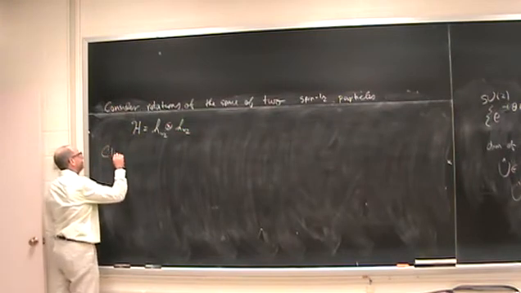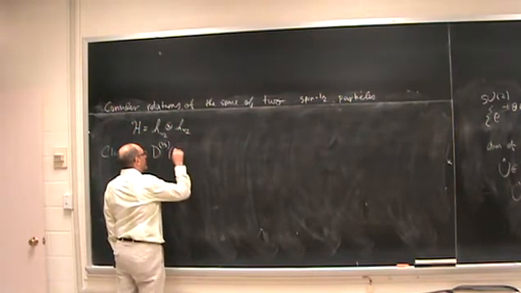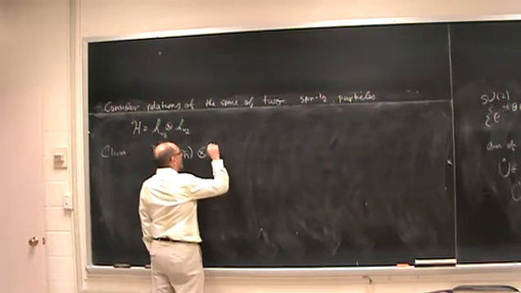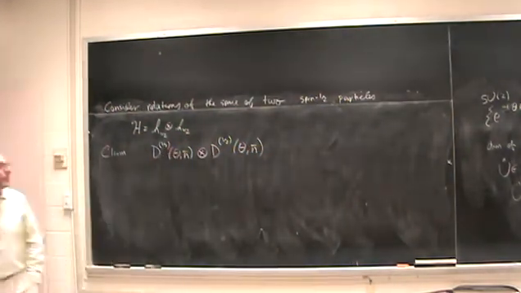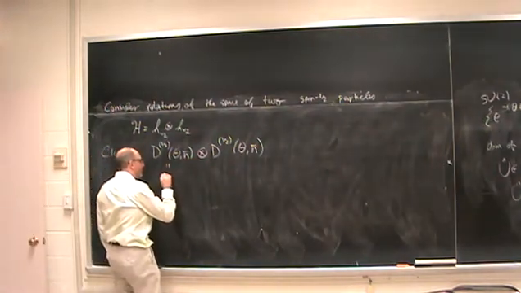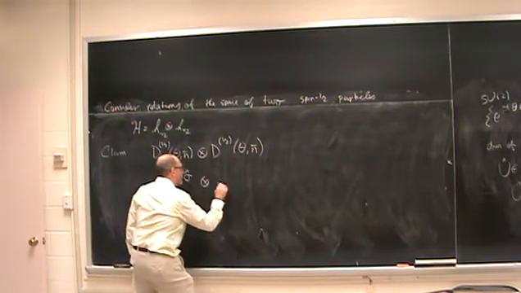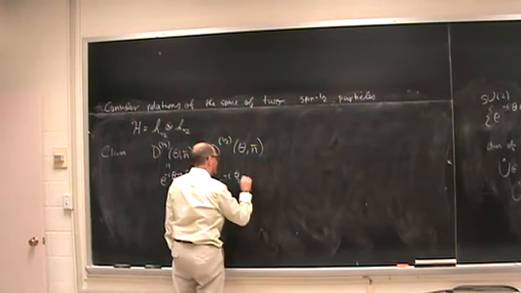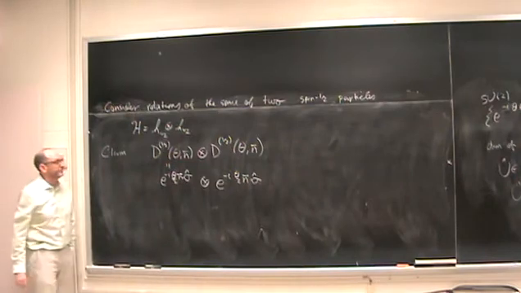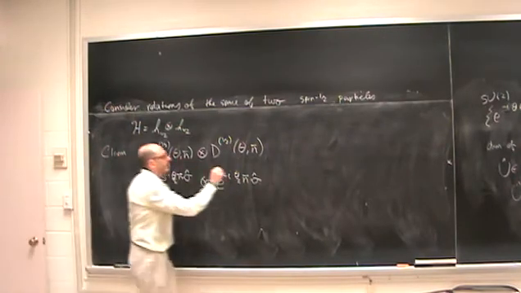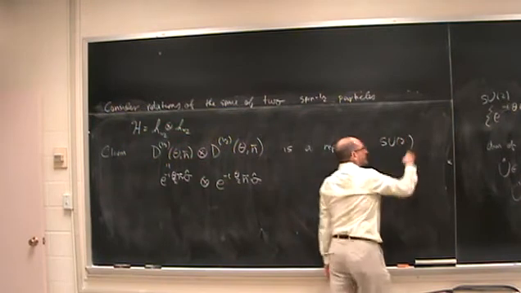I claim that if I look at the tensor product of two rotations, so each one of these is my usual rotation operator represented in the standard basis, that this is a representation of SU(2).